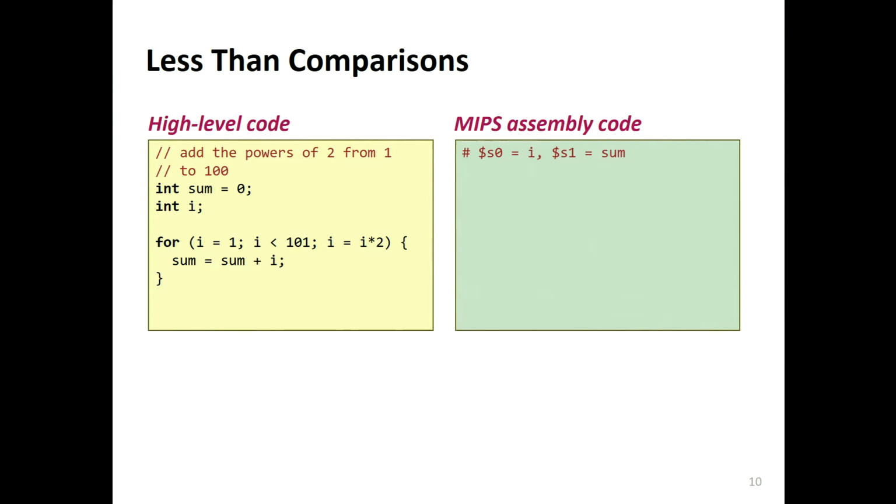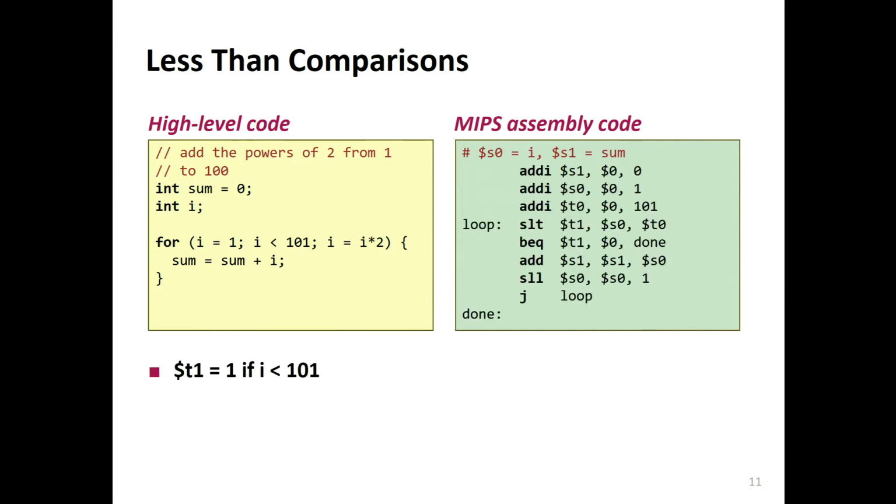So I essentially is going to be 1, 2, 4, 8, and so forth. Here is the check to see whether or not I is greater than or equal to 101. So the loop would only continue if I is smaller than this. And this is where you would compare whether or not a number is smaller than 101. If it's smaller, then you continue to do the loop. If it's bigger, then what you do is break out of the loop.